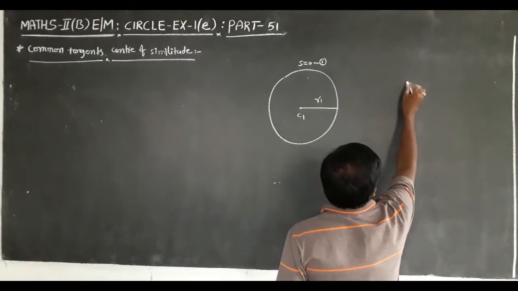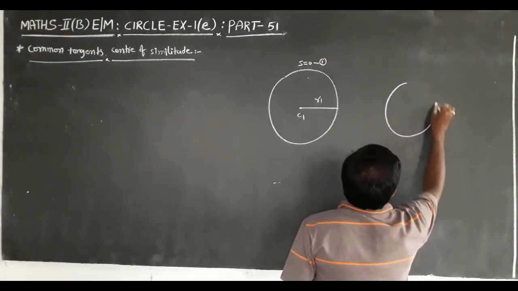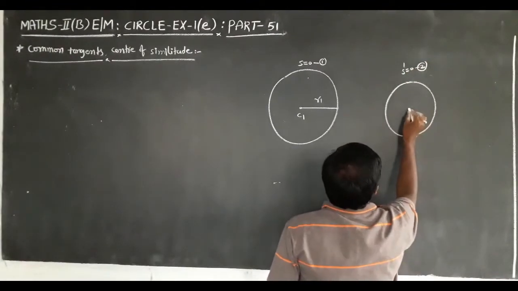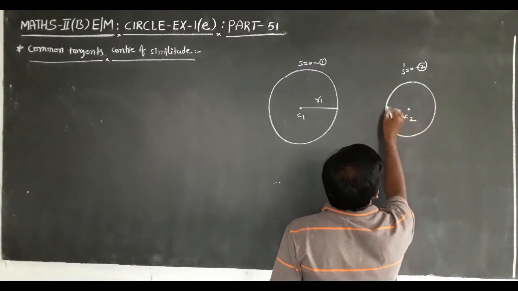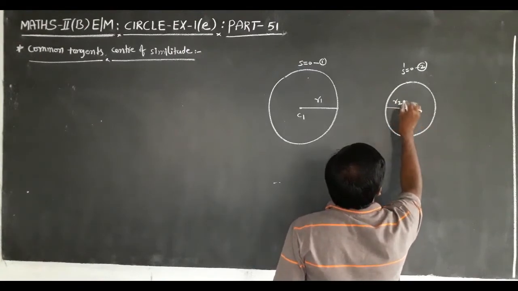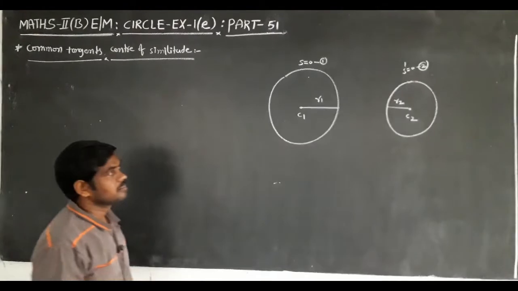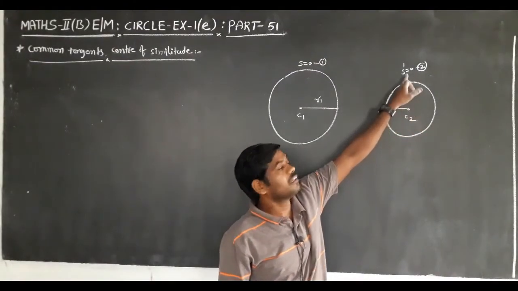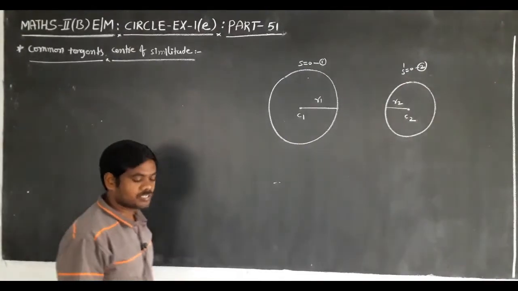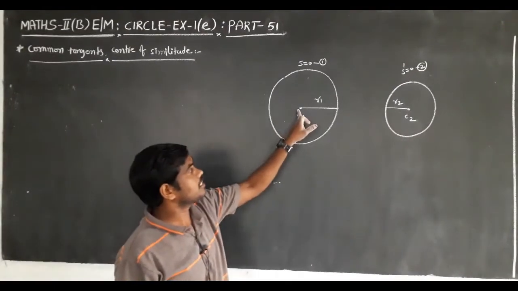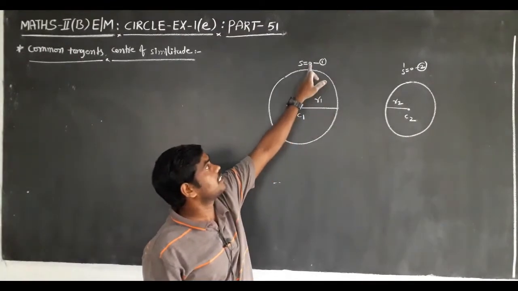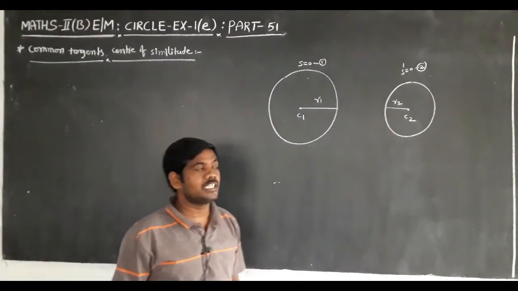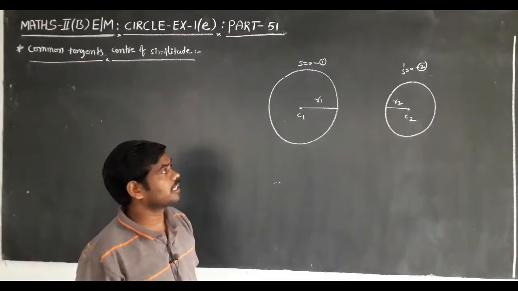Again, this is the second circle, S dash equals 0. C2 is the center and R2 is the radius of the second circle.